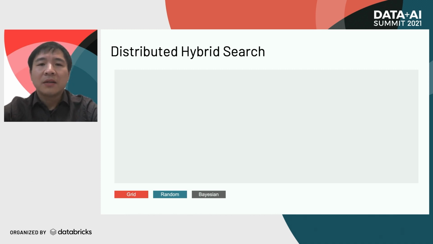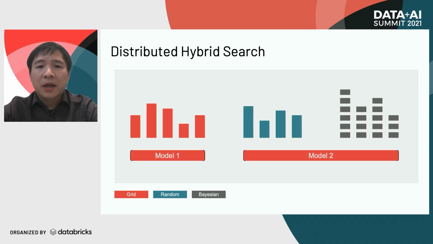And we parallelize on this collection of configurations. And we treat all other algorithms, such as Bayesian optimization, as second level optimization on each of the configurations.